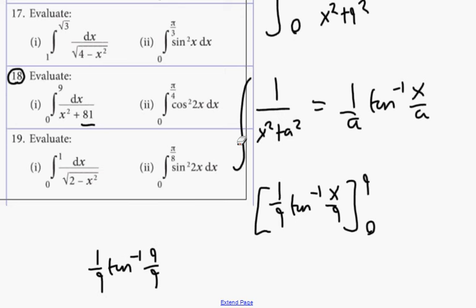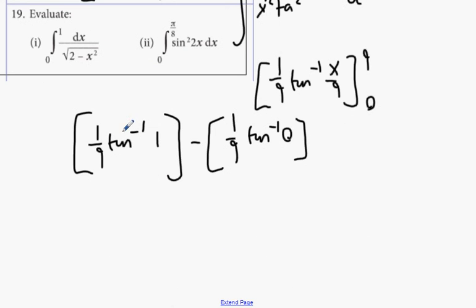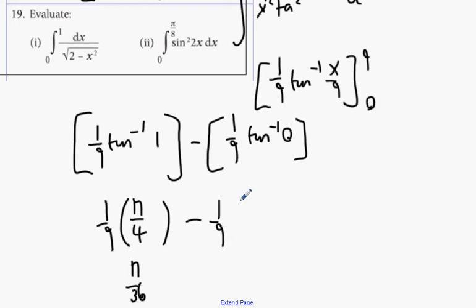So tan inverse 1, and then 0 in place of x, guys. Minus 1/9 tan inverse 0. So tan inverse 1 is, anybody? Pi over 4. We're only using radians in here, which is pi over 36 minus 1/9 times 0, which is just 0. So pi over 36 for that one.